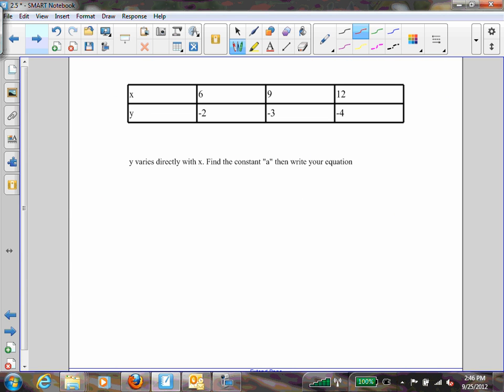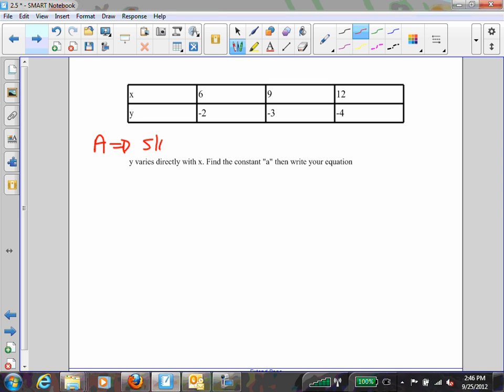All right. Y varies directly with x. Find the constant a. Remember, what did I say your slope was? Or your a was? Isn't a your slope? Could be, right? Find the constant a, then write your equation. What am I going up by?